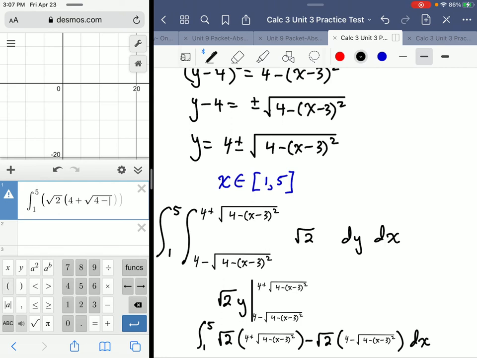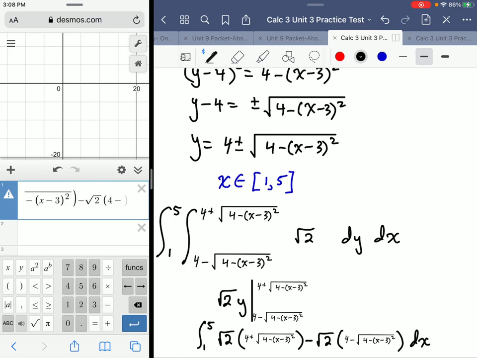All right, so I got the radical 2 times the upper bound. Now I need minus radical 2 times the lower bound.